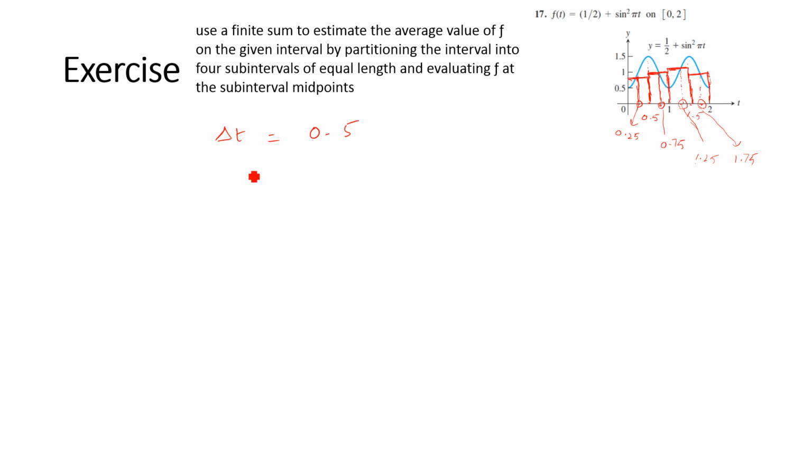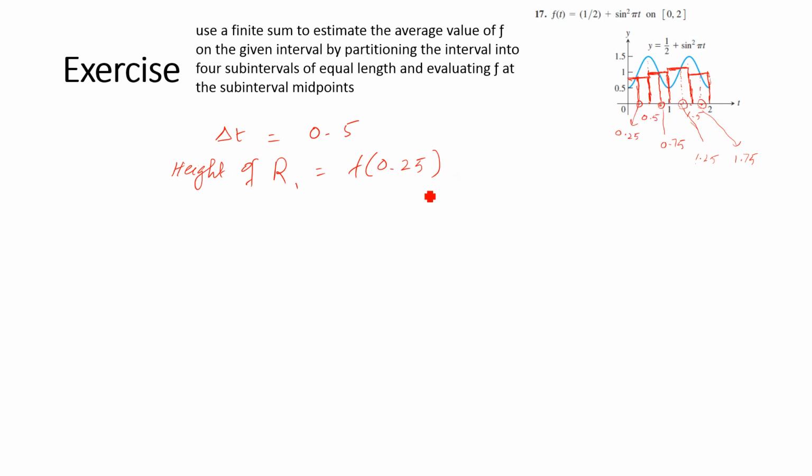Now to find the height, the height of rectangle 1 is equal to f of 0.25, because the midpoint of the first interval of width 0.5 is 0.25.